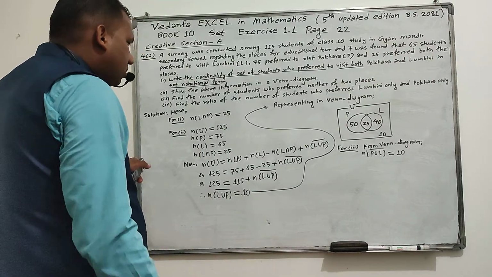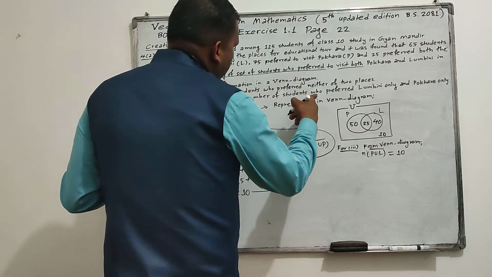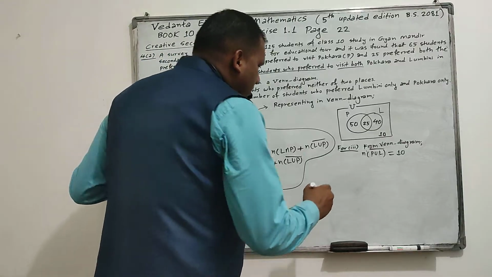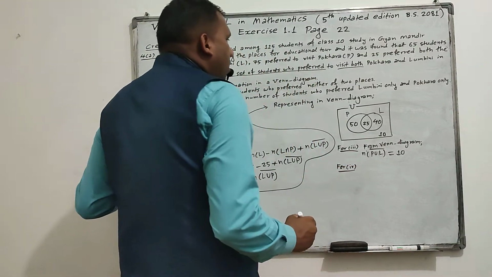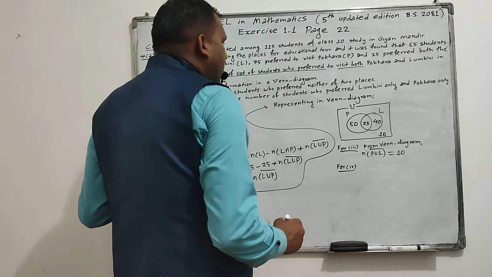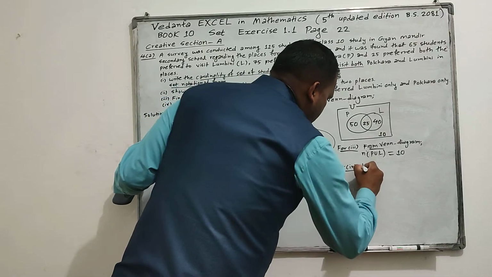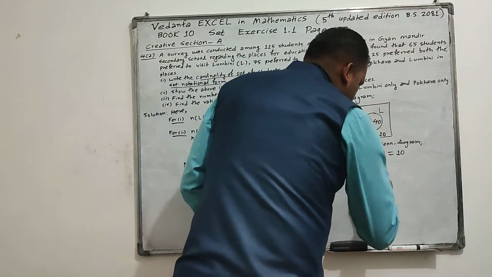Now, number 4, find the ratio of the number of students who prefer Lumbini only and Pokhara only. For 4, we have to find the number of students who prefer Lumbini only is to Pokhara only, that is n(L only) is to n(P only).